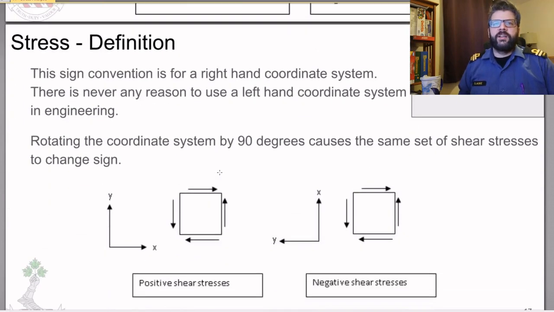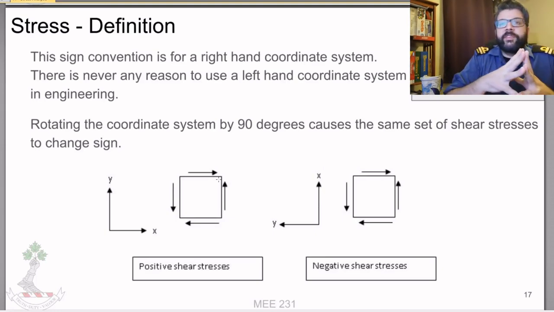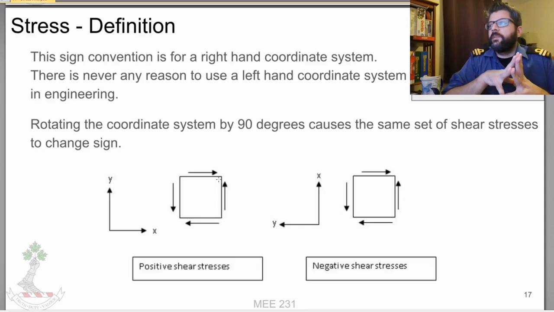And the annoying part is the sign conventions for a right-hand coordinate system. Again, I would like to emphasize that you do not have a good reason to be using a left-hand coordinate system. There may be some other fields of study where people could convince you to use one. Engineering's not one of them.